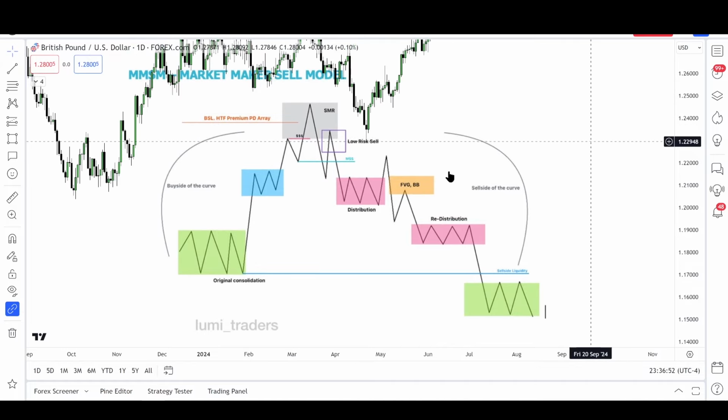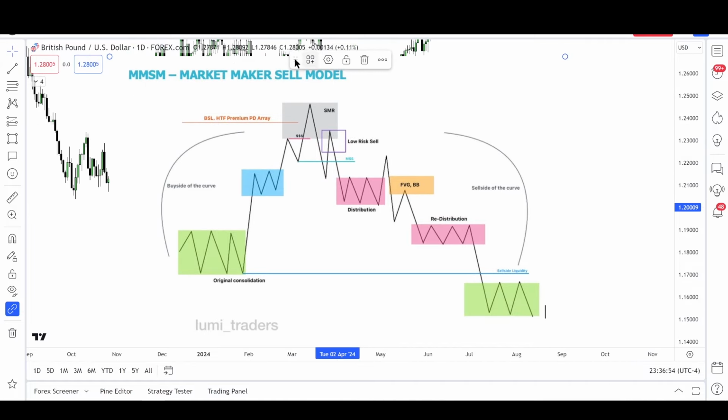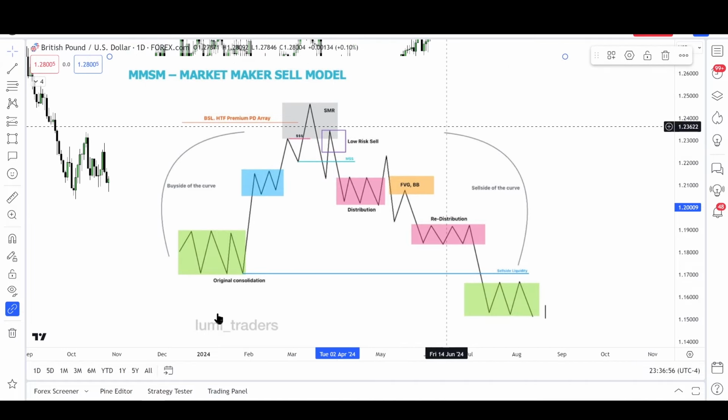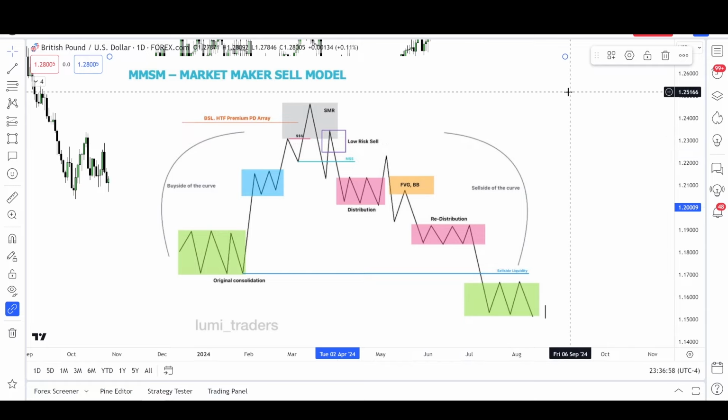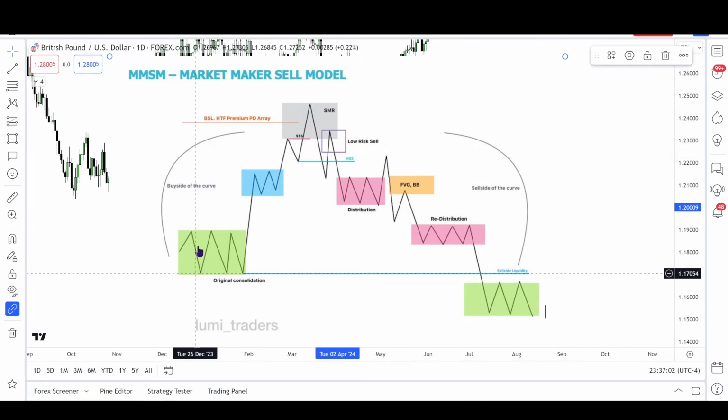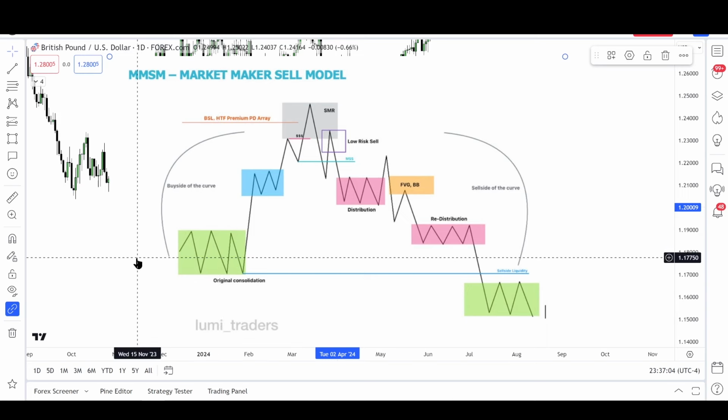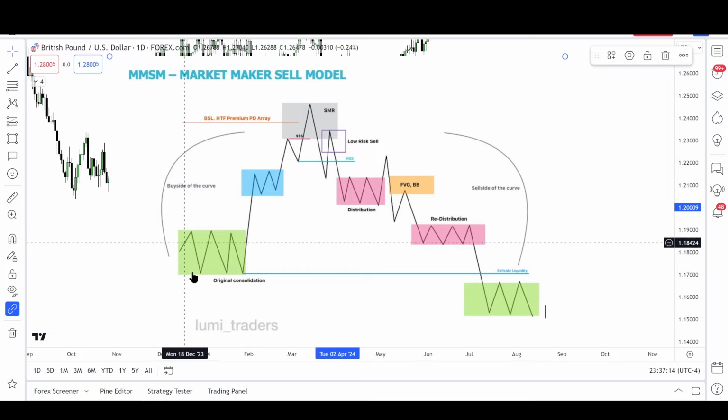All right, here I have a market maker sell model. This diagram is by Lumi Traders. So in a market maker model, there's usually a consolidation, such as here. This is a sell model, by the way. For a buy model, just reverse the entire thing, and I'll show you a live example of a buy model. So there's usually a consolidation.